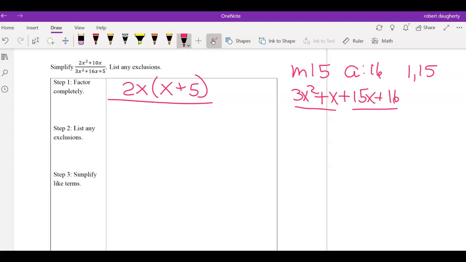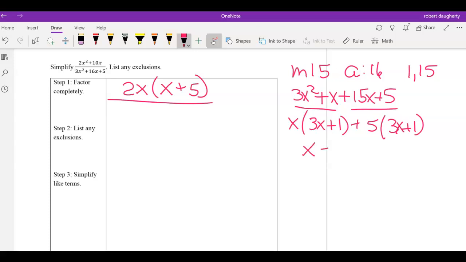Then I factor by grouping. So this is going to be x times 3x plus 1 plus, and sorry, I made a typo here. That's not a 16 here, that's a 5. So then factor out a 5, 3x plus 1.